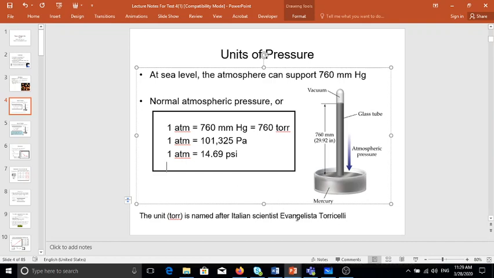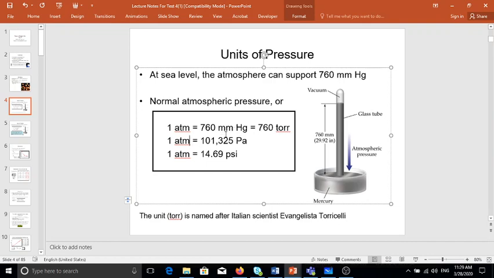Pressure is basically how much force per unit area. These four units, ATM, mercury, Pascal, and PSI, depend on the situation. I would say the most popularly used pressure unit is the ATM.